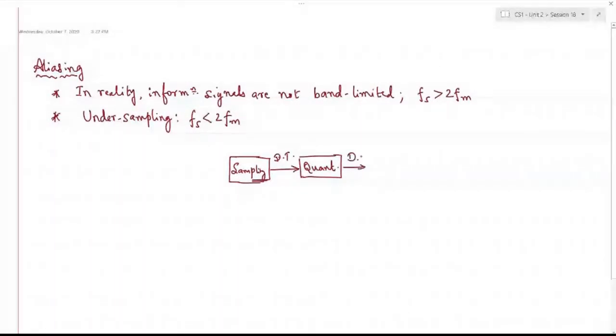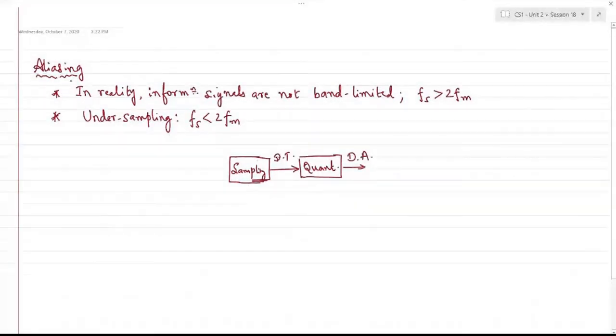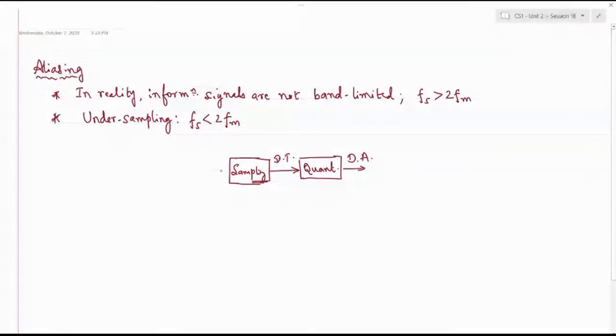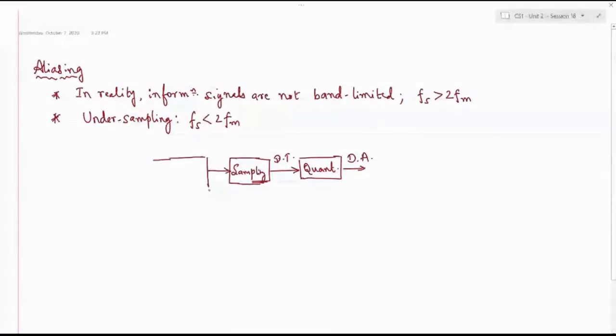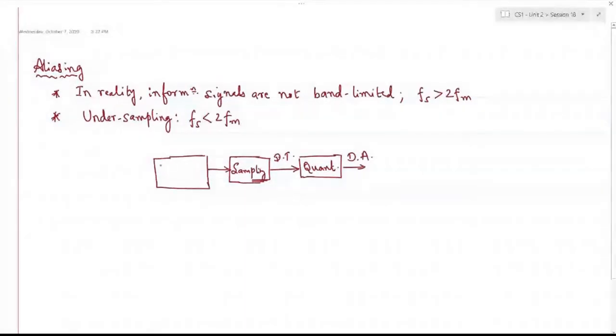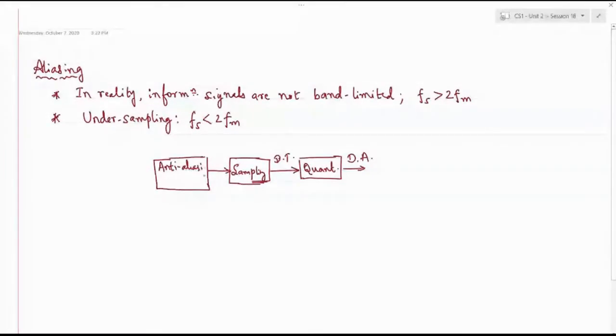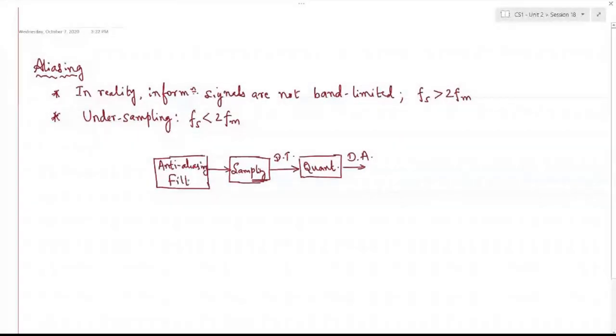Before sampling, if you want to negate the effect of aliasing, we need to perform an extra operation, which is to pass the signal through a filter known as an anti-aliasing filter.